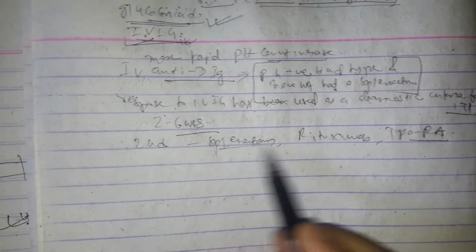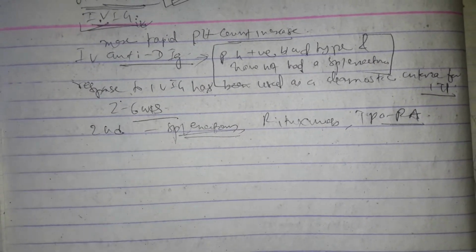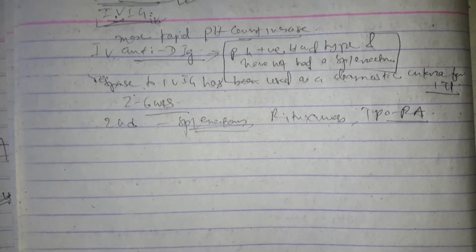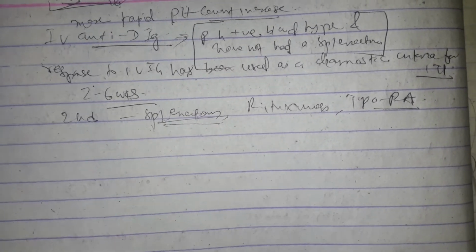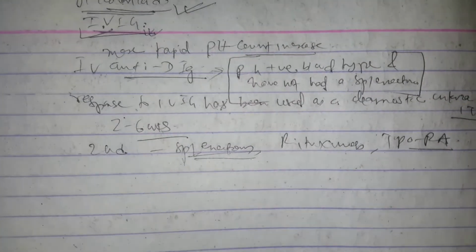So first of all, we suggest splenectomy, and if patients cannot undergo splenectomy, who are not candidates for splenectomy, okay, or the patient does not respond to splenectomy, then we go for rituximab.